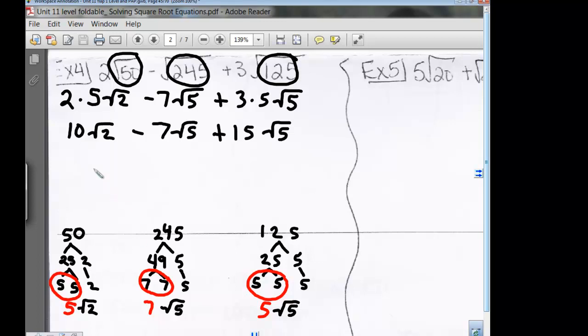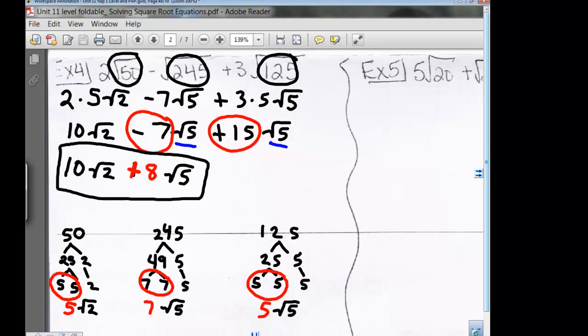Simplify, and we get 10 times the square root of 2 minus 7 times the square root of 5 plus 15 times the square root of 5. The square root of 5's are like terms, so we combine the numbers in front, 15 and negative 7. My answer is 10 times the square root of 2 plus 8 times the square root of 5.